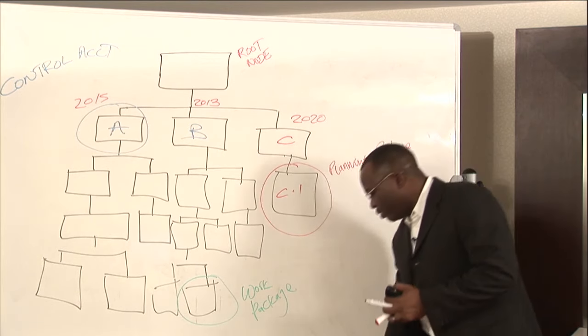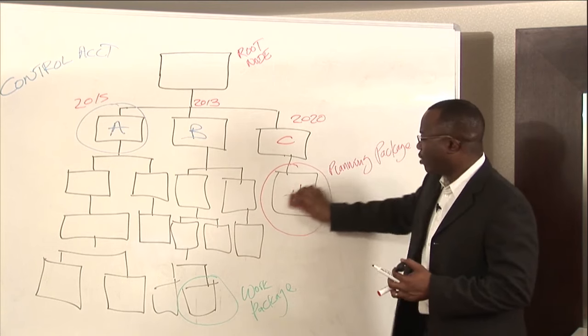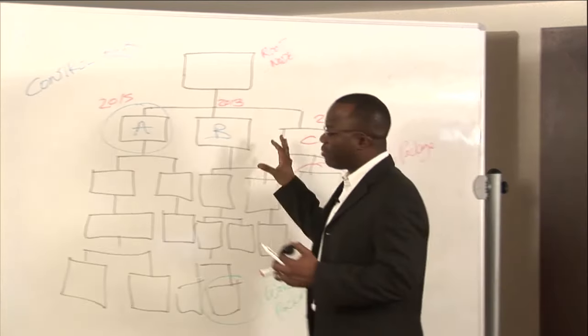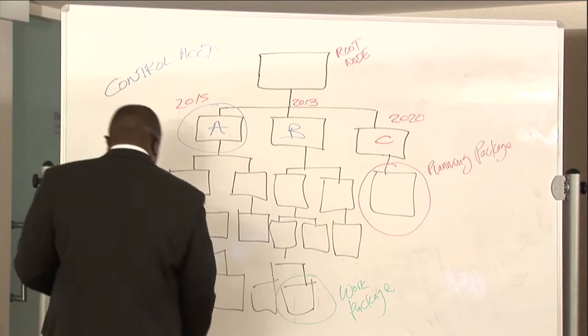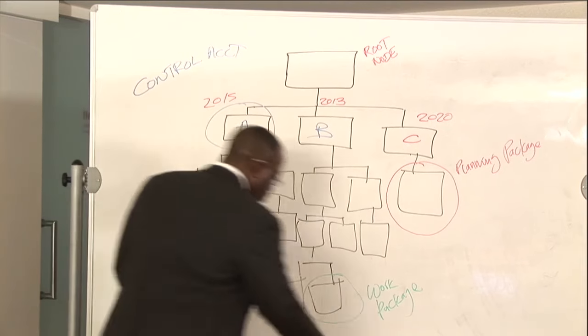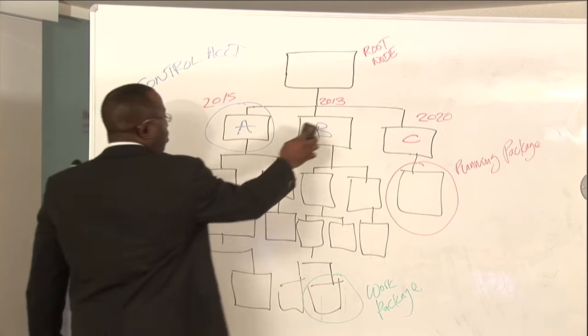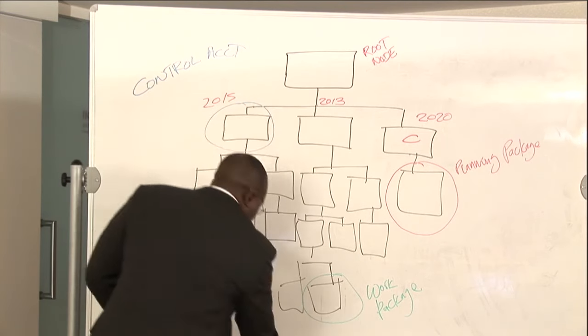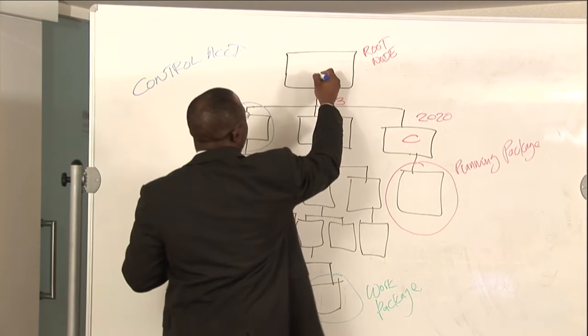Something else you need to know is what we call the code of accounts. So if we're going to number this WBS here, we can number it in this fashion using the code of accounts. And it could look like this. This could be 1.